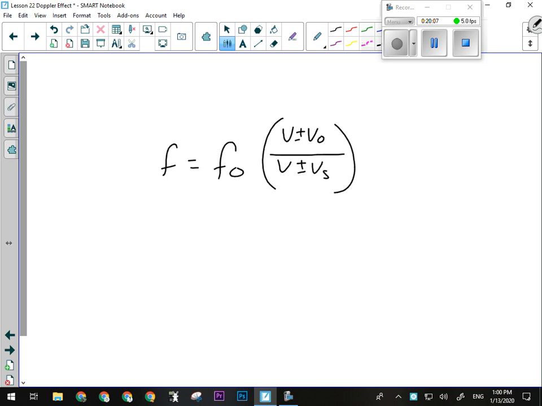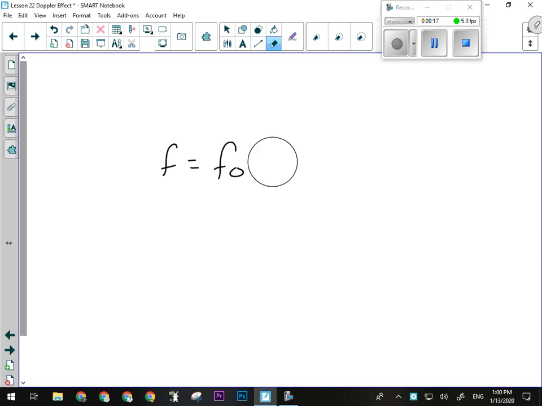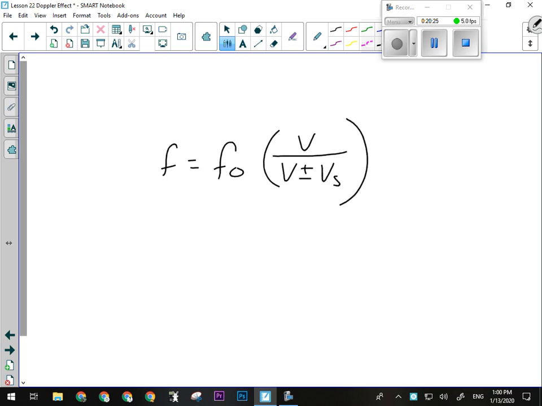So this formula takes into account both a moving observer as well as a moving source. Since we're not dealing with moving observers, we're modifying the formula so that it looks just like this: v over (v plus or minus vs).